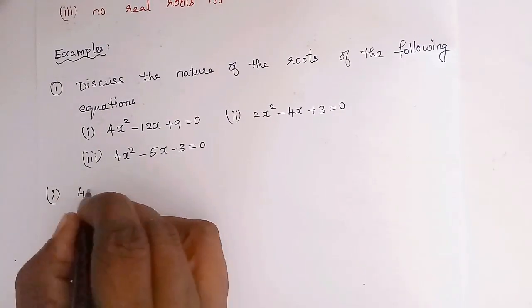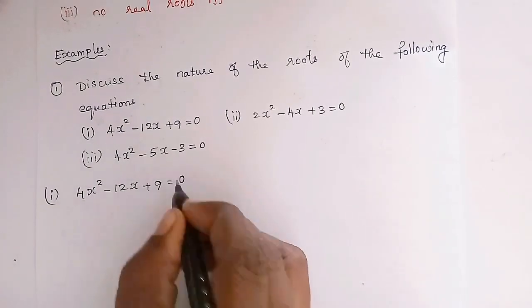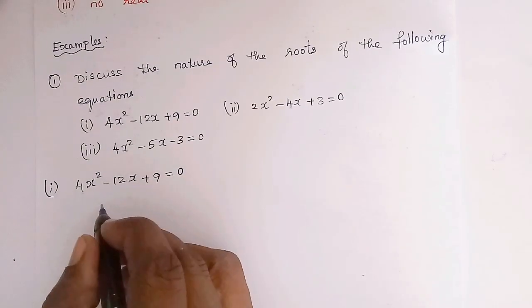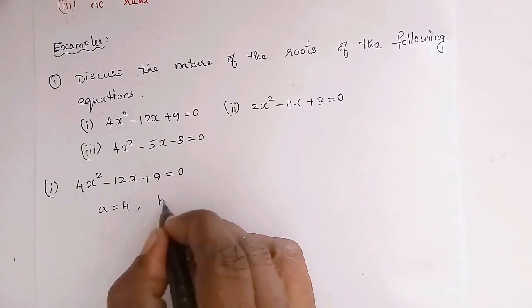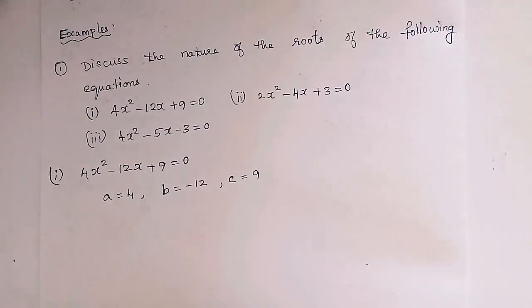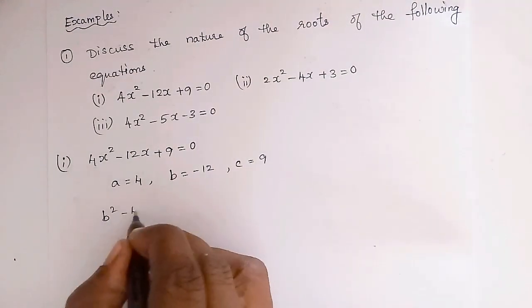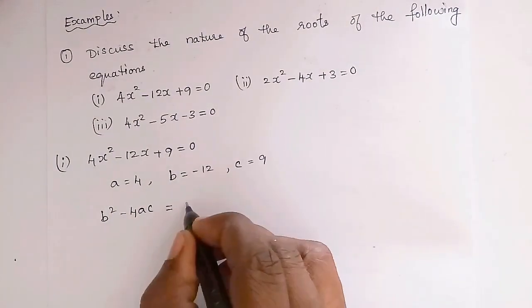First equation is 4x square minus 12x plus 9 equal to 0. Here if you compare it with the general quadratic equation, you will get a equal to 4, b equal to minus 12, and c equal to 9. So already we discussed, you want to check the b square minus 4ac value. b square minus 4ac equal to, what is b here?